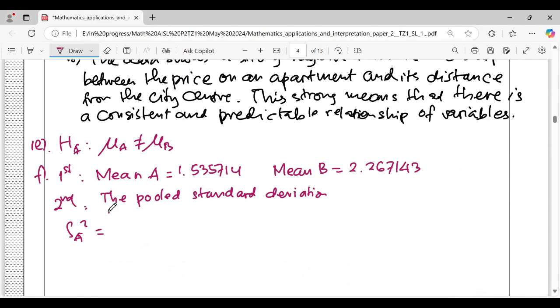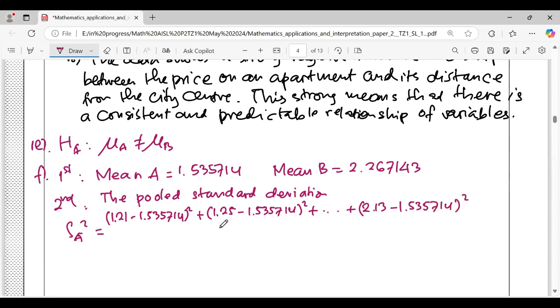So it's going to be 1.21 minus mean 1.535714 squared, and 1.25 minus 1.535714 squared, plus and so on until 2.13 minus 1.535714 squared, over 7 minus 1, and the result is 0.135329.